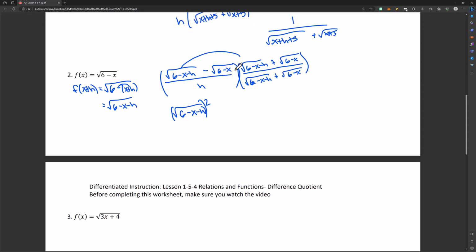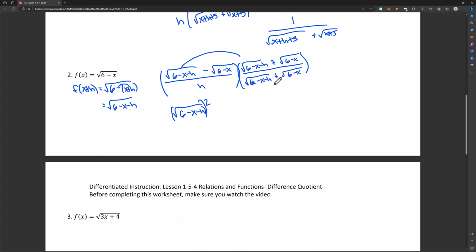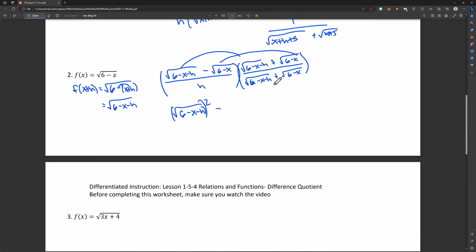Now here's the thing. Let's look at this previous one. See how these middle ones canceled out? Whenever you multiply the conjugate, it will always happen that way. So you just have to worry now about the last two. So minus square root of 6 minus x squared. The square root and the square are going to cancel out.